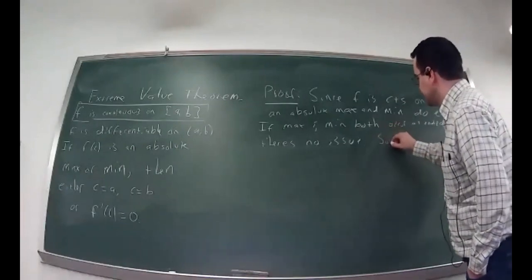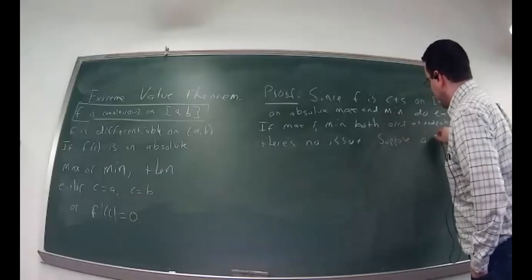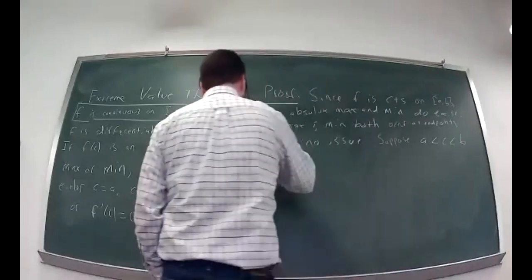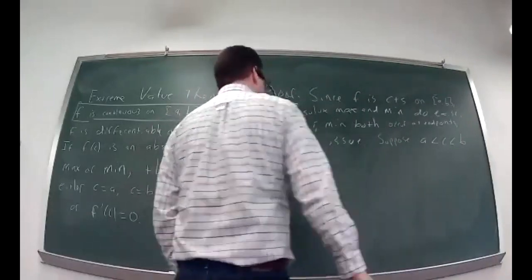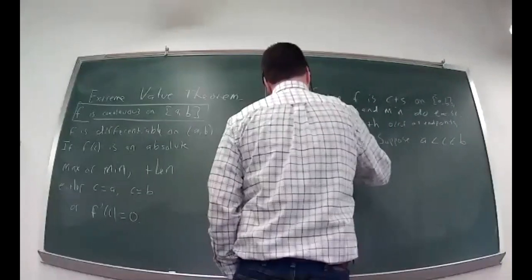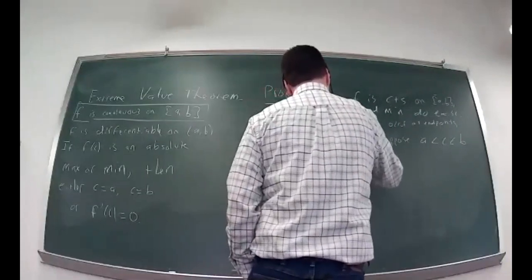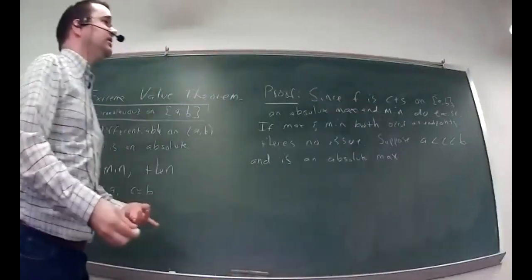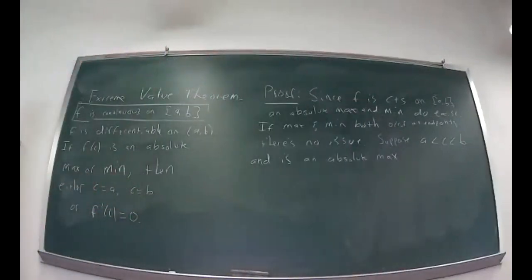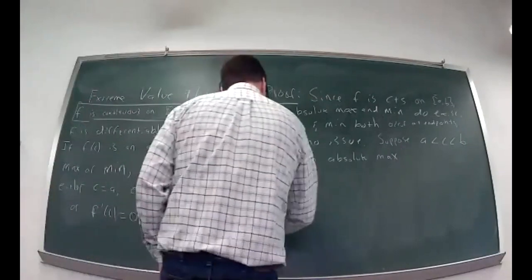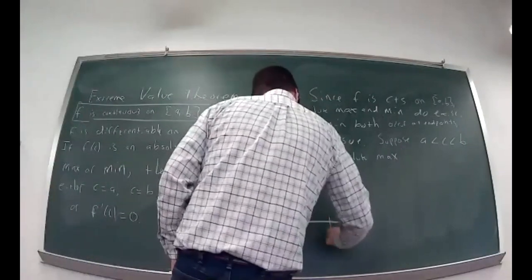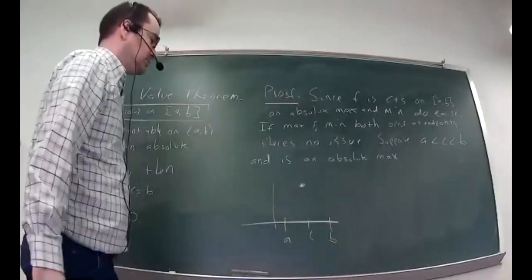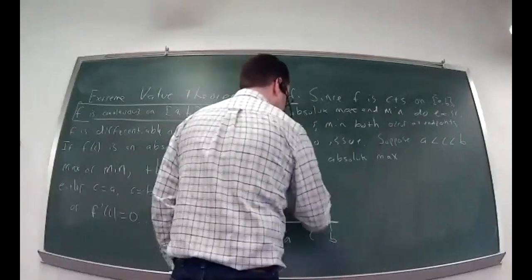So suppose that I have a number C that's between A and B, and is an absolute maximum, then in particular it's also a local maximum, because if you're in between A and B and you're the biggest point, you have to be bigger than or equal to the endpoints.